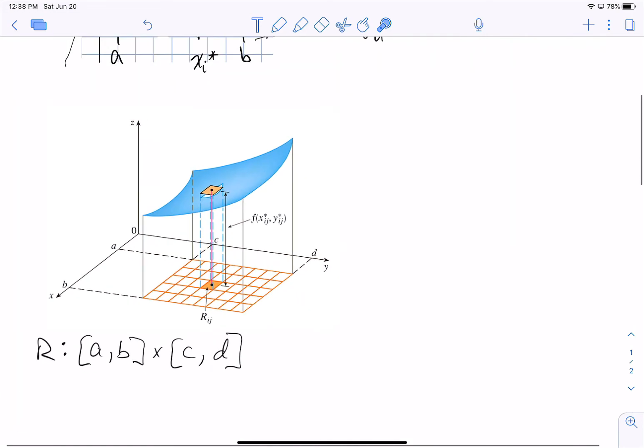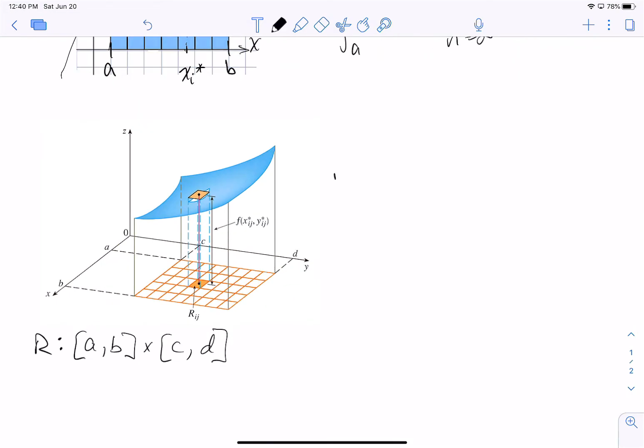Here we're going to say that the volume of the ijth column is equal to f of x sub ij star, y sub ij star, that's the height, times delta A, where delta A is the area of the rectangle in the xy plane.